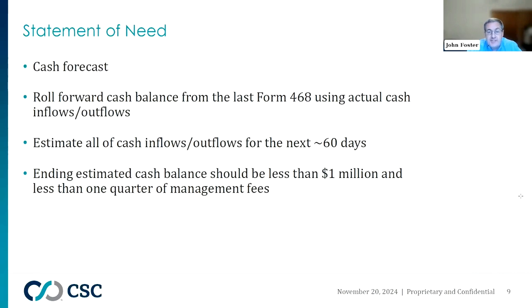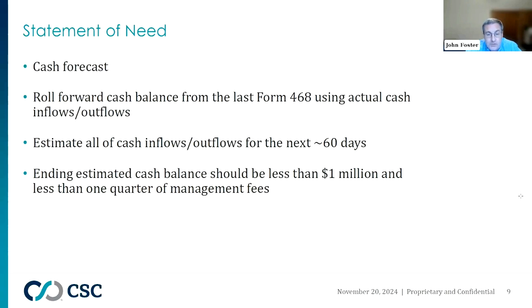The SBA asks you to take the cash balance from your last 468 filing and roll it forward to a relatively current date, say within the last week. Then the SBA wants you to estimate all of your expected cash flows, inflows and outflows for the next roughly 2 months, including the requested borrowing and investment purchases.